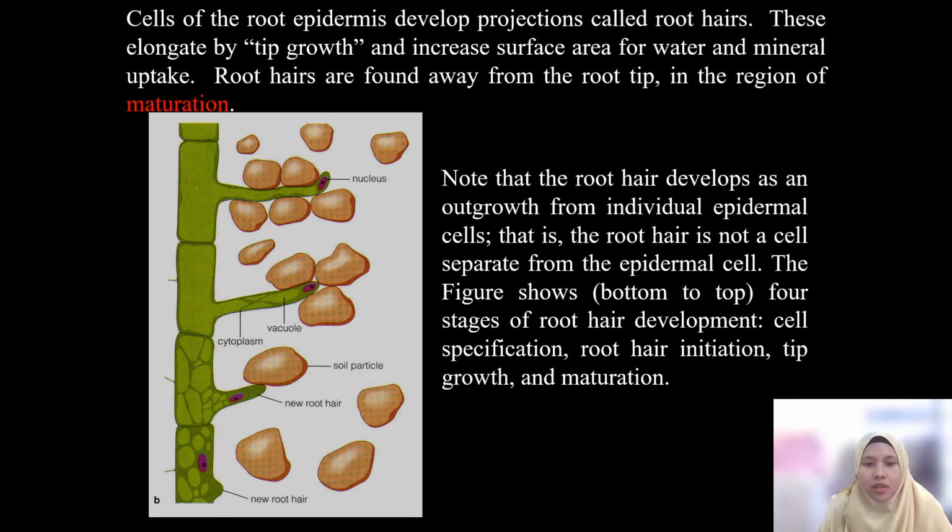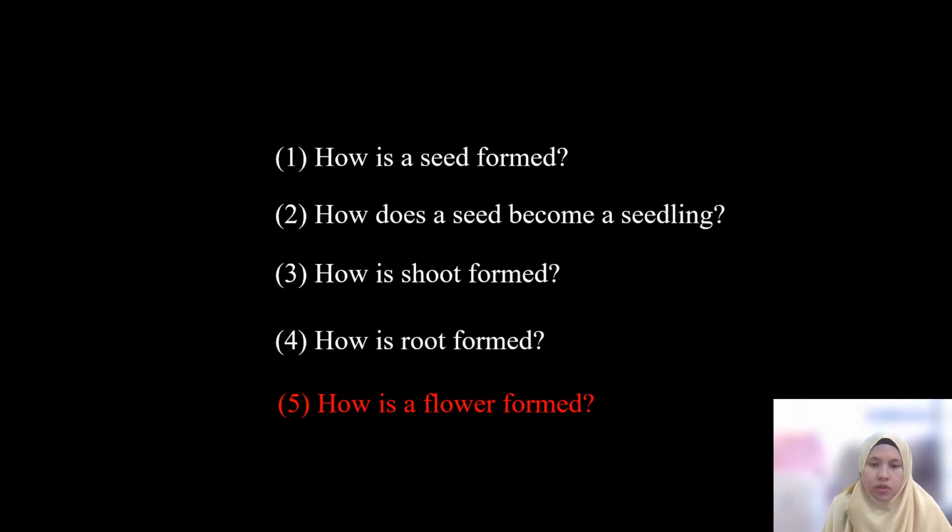And last one is the maturation process, because the initiation is complete, elongation is complete, tip growth pun dah ada. So maturation lah, dia just maintainkan saja the root hair growth and development. Okay, so that is how the root is formed.